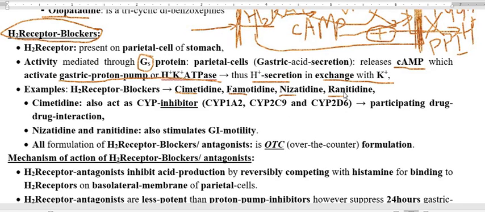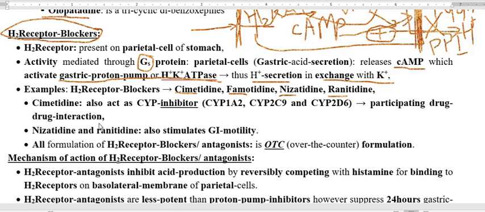Earlier, these four were in much use when the PPI group was not introduced, and this one was in much use as an antacid or treatment for ulcers.